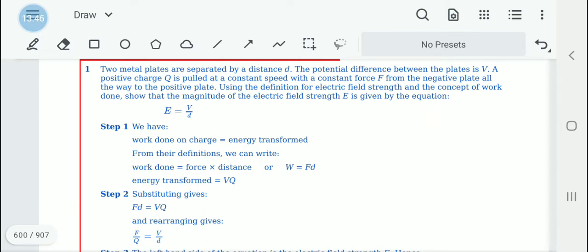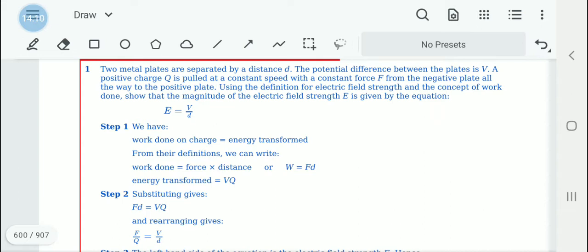The potential difference between the plates is V. A positive charge Q is pulled at a constant speed with a constant force F from the negative plate all the way to the positive plate. Using the definition for electric field strength and the concept of work done, show that the magnitude of the electric field strength E is given by the equation E equals V upon d.